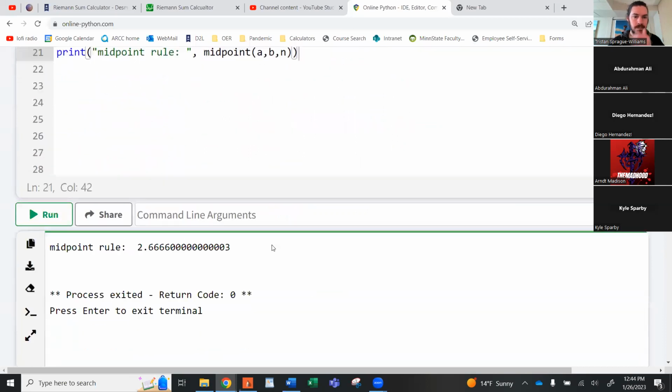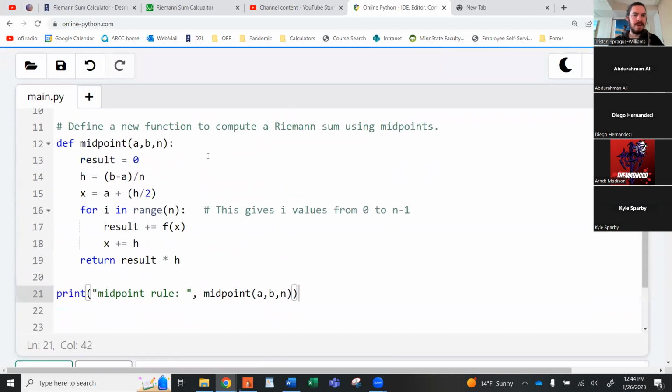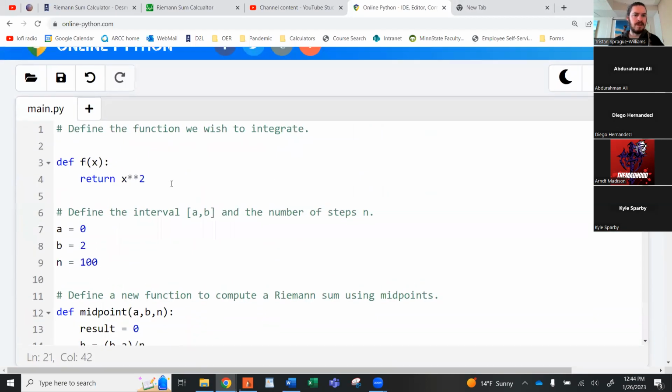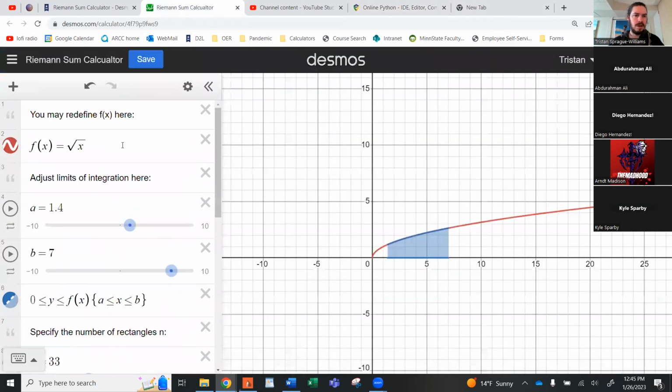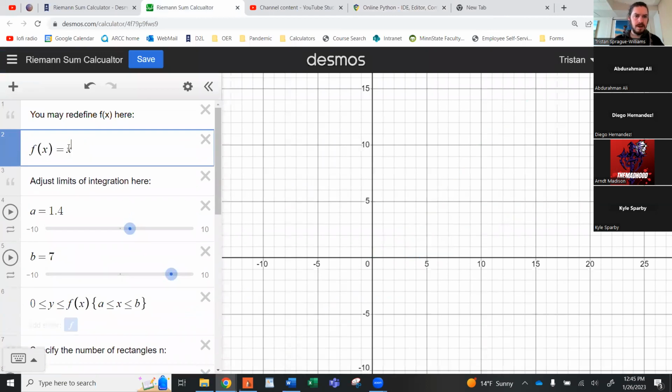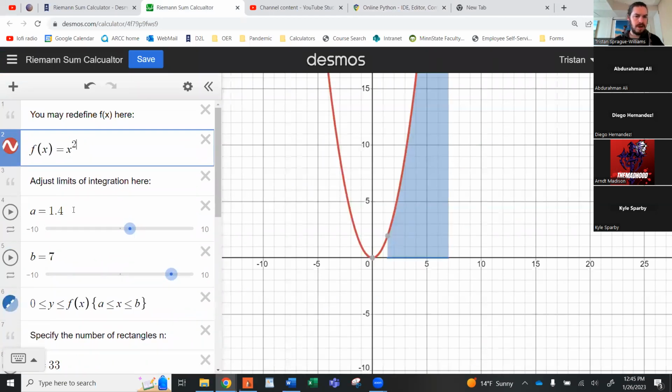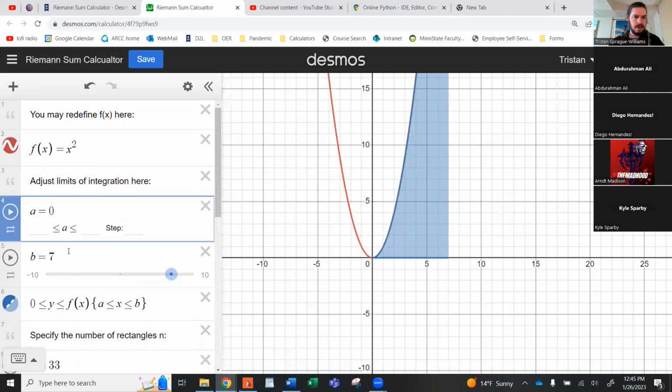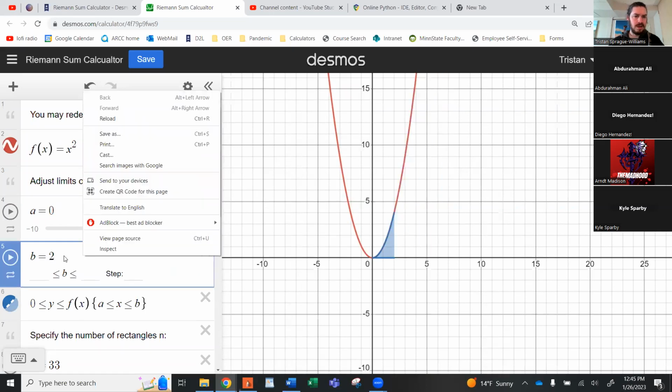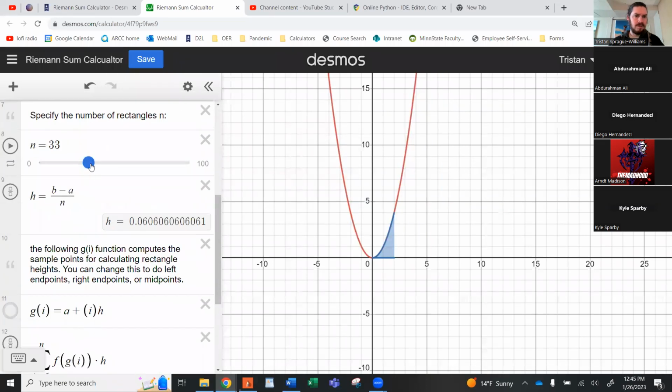Run it. It gave me 2.66666 zeros and then a 3. Let's see if that's right. Let's see how good that is. So what are we doing? I'm doing x squared from 0 to 2, using 100 rectangles.